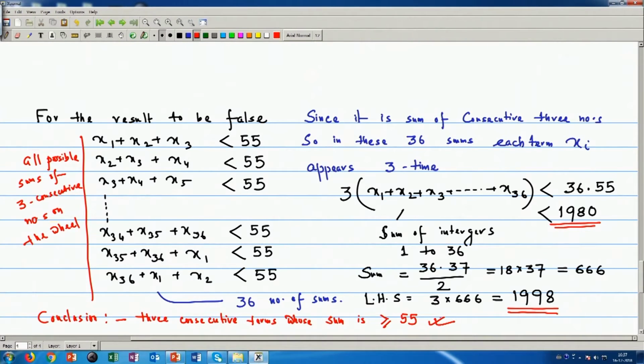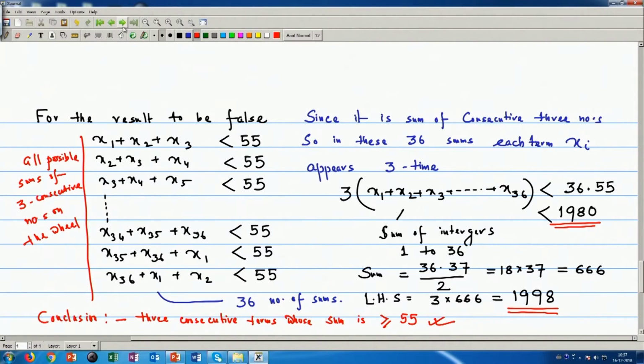See, this is an indirect way that we have actually proved it. These 36 sums we have written, that is actually by induction, and this is an indirect way of applying the induction.